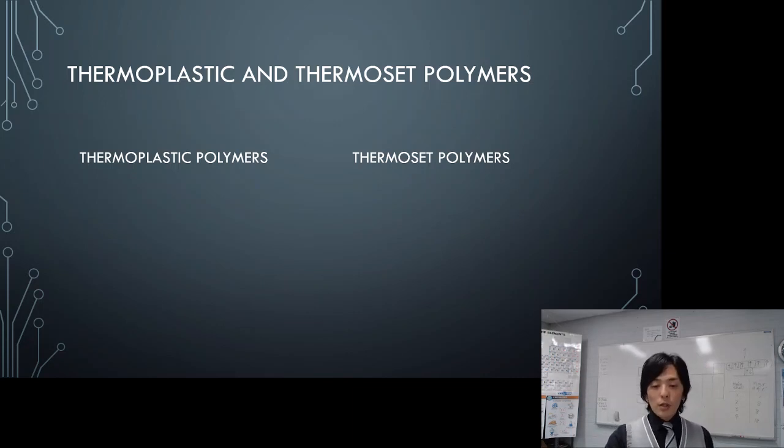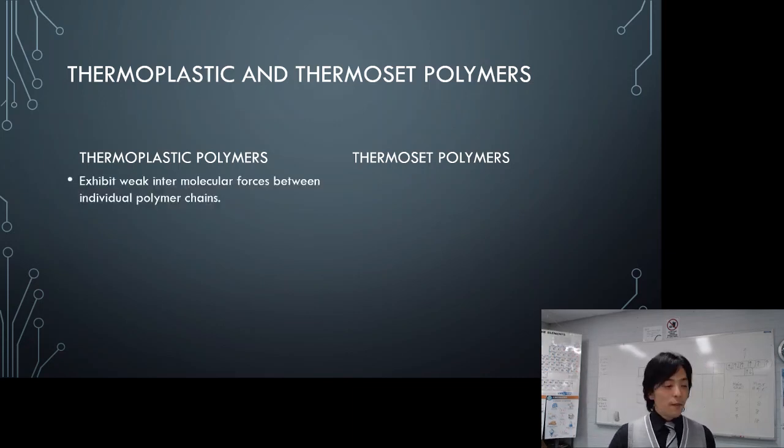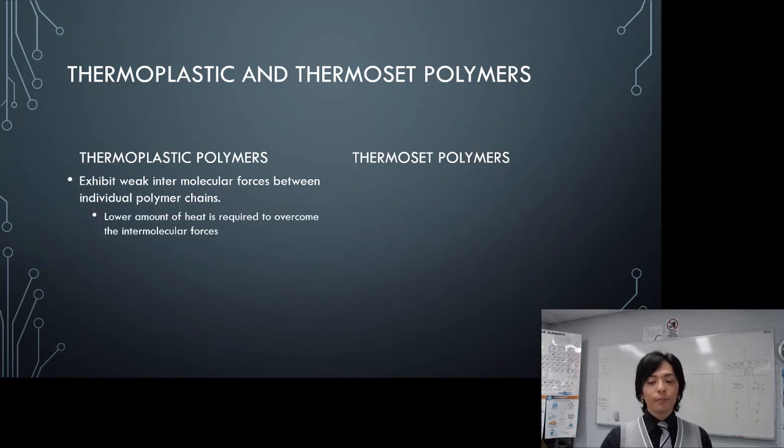Here are some comparisons. So thermoplastic polymers, firstly, exhibit weak intermolecular forces between, how come they are in two words? Intermolecular should be one word, sorry about that. Between individual polymer chains. And because of that, a lower amount of heat is required to overcome these IMF, intermolecular forces, and they are easily softened and reformed.